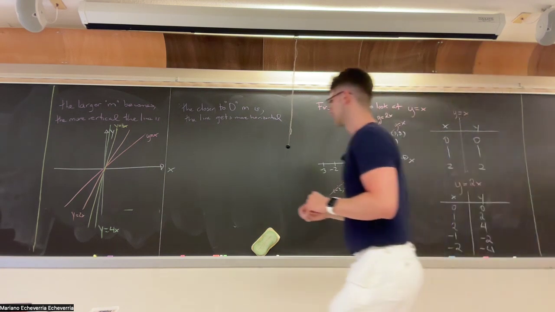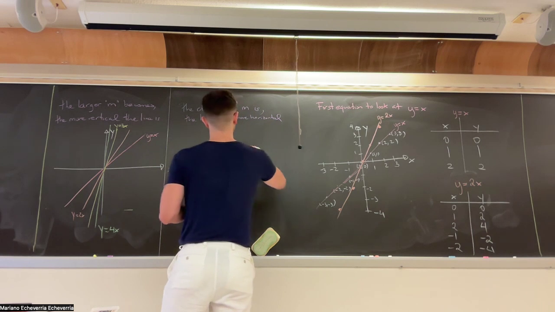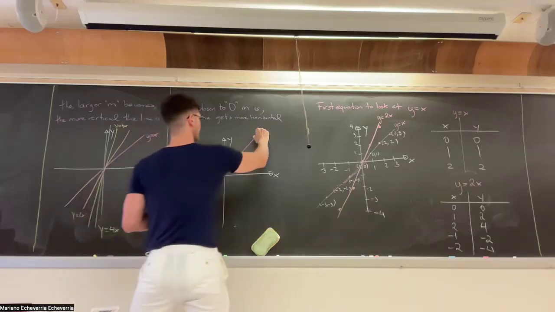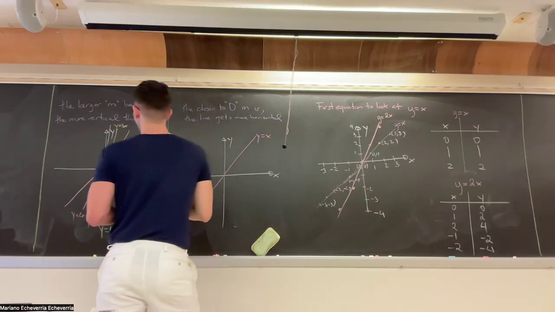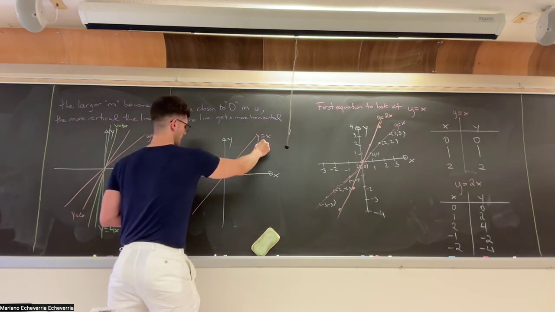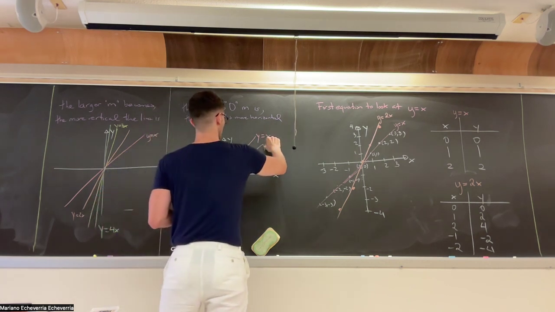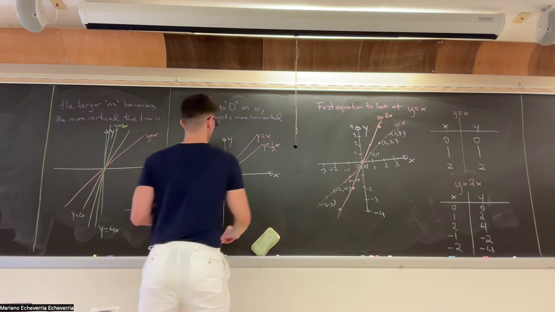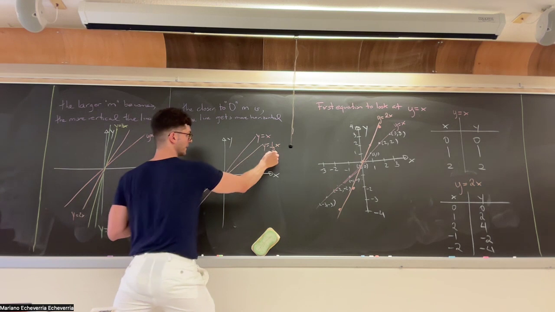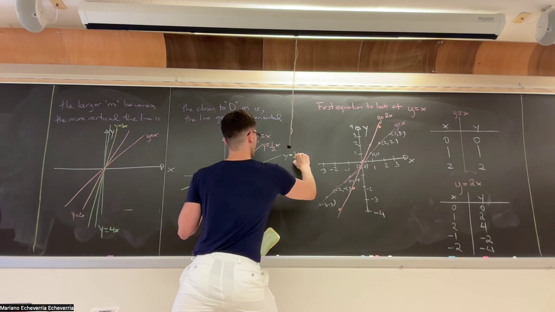Okay, so just to draw this here: y equals 1/2 of x, let's say, and then the other one, y equals 1/3 times x.